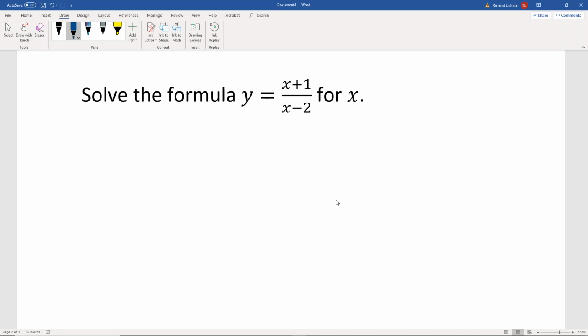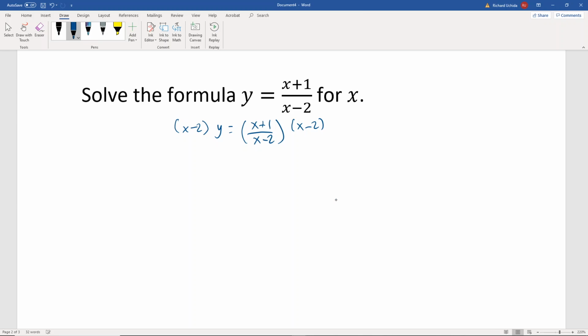So I'm going to multiply both sides of the equation by x minus 2. So let me write that. We'd have the x minus 2 times the y on the left-hand side, and on the right-hand side, the x plus 1 over x minus 2, we're going to multiply that by x minus 2.